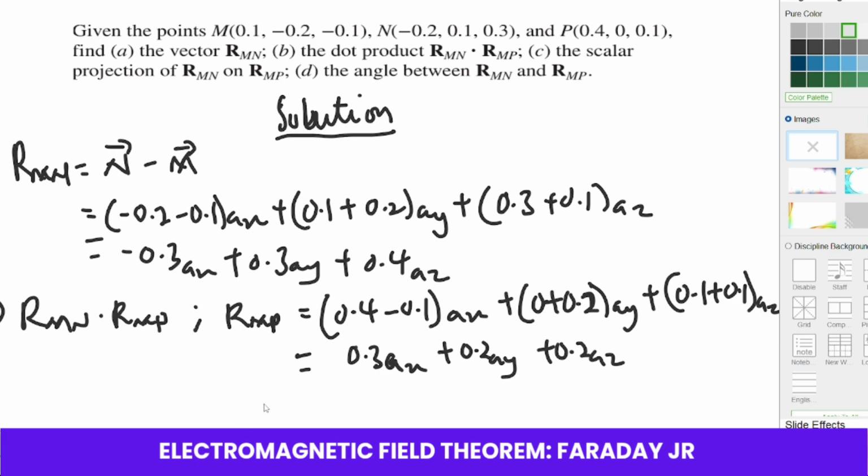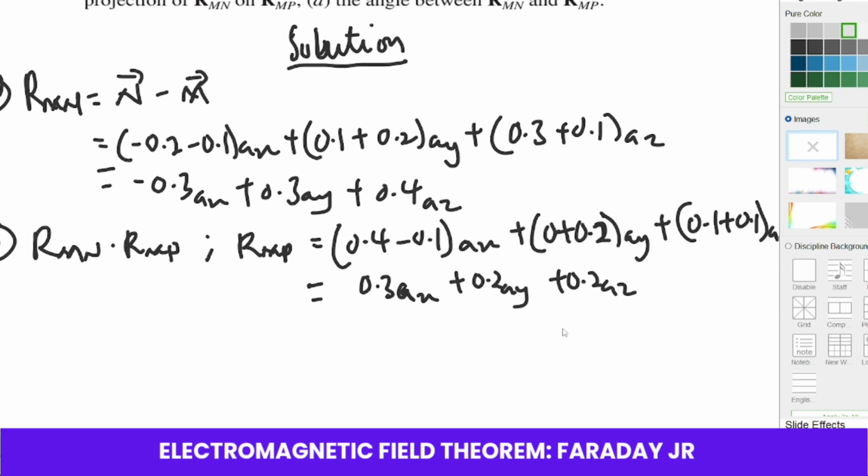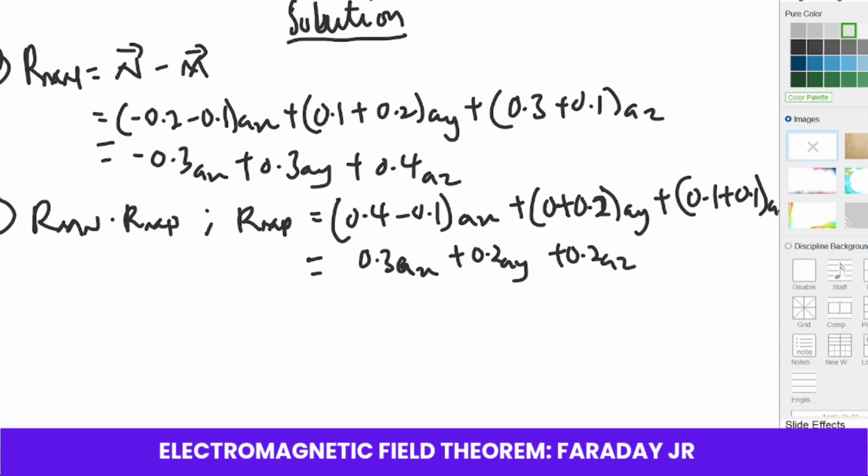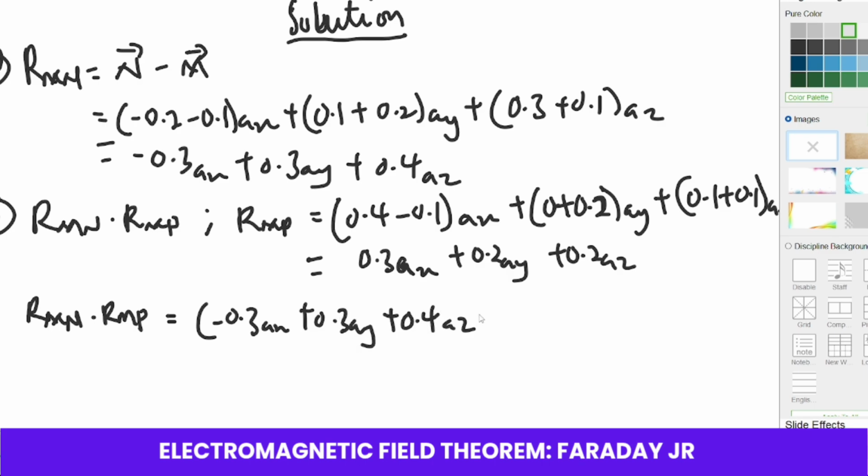Okay, so now we've been able to write our RMP, hence we can find RMN dot RMP, which is equal to what? -0.3 AX plus 0.3 AY plus 0.4 AZ dotting 0.3 AX plus 0.2 AY plus 0.2 AZ.